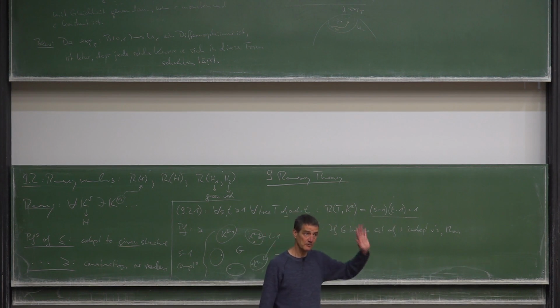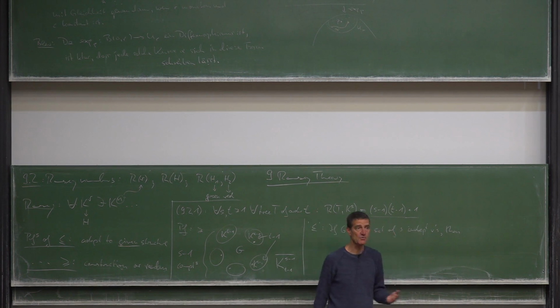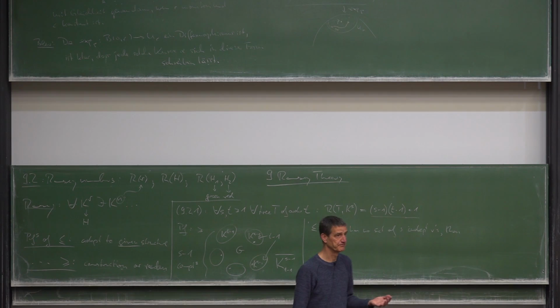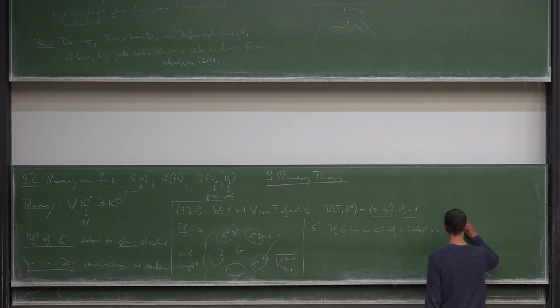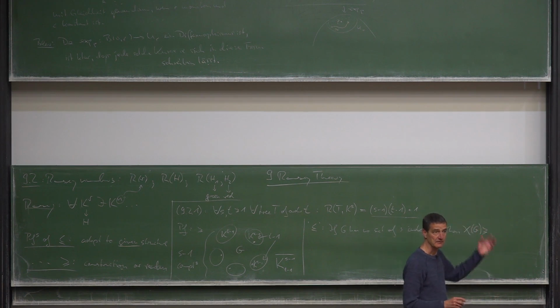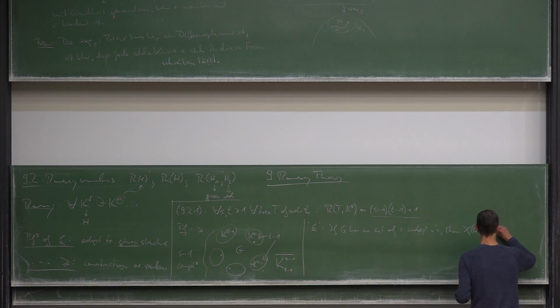Then in any proper coloring now, in the sense of the chromatic chapter, the color classes must be small, because color classes are independent. Then we need many classes. If the color classes are small, we need many classes. So then the chromatic number is big. How big? Well, the color classes have size at most S minus 1. So the chromatic number is at least n, the order of G, divided by S minus 1.